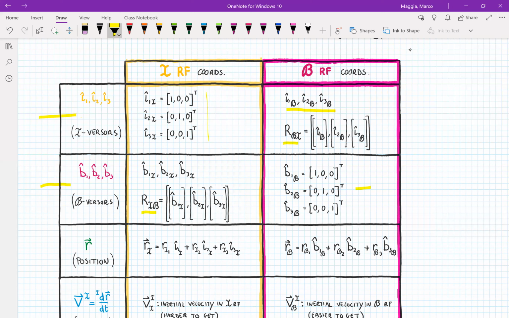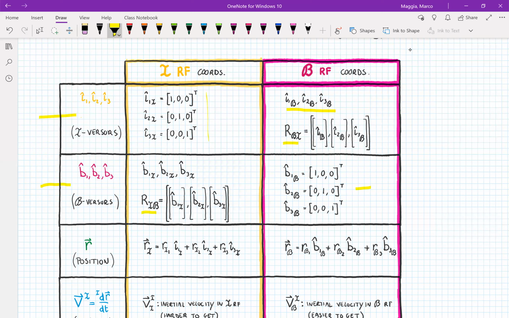And also remember that the relationship between RBI and RIB is simply that one is the transpose of the other. It is also true that one is the inverse of the other, but since these matrices are orthogonal and in particular orthonormal, so orthonormal is a special category of orthogonal matrices. Orthogonal matrices are matrices whose columns are mutually orthogonal.